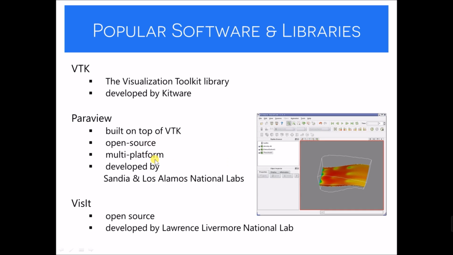It basically helps those scientists that work at Sandia and Los Alamos labs to visualize the data they computed on the supercomputers that they have, right? Mostly for defense applications. VisIt is another one, open source, developed by Lawrence Livermore, which is another national lab.